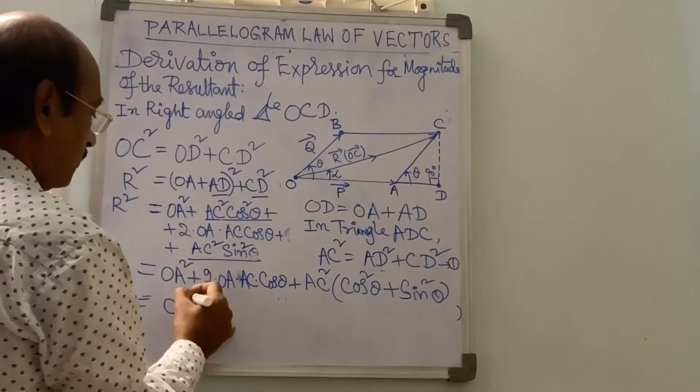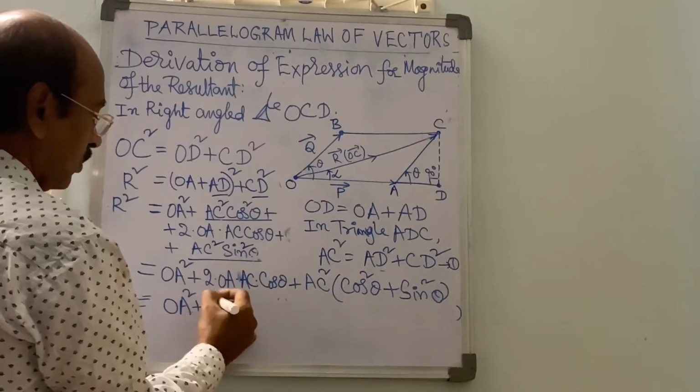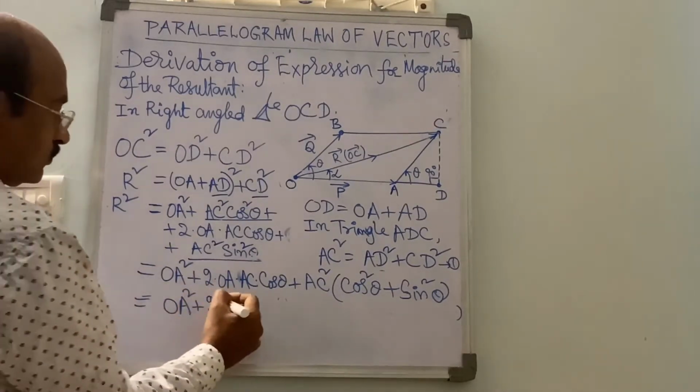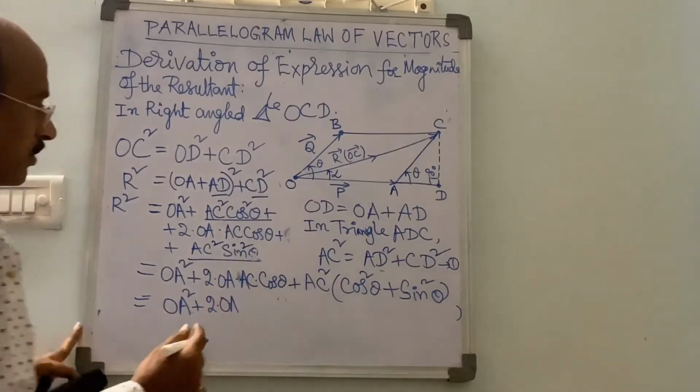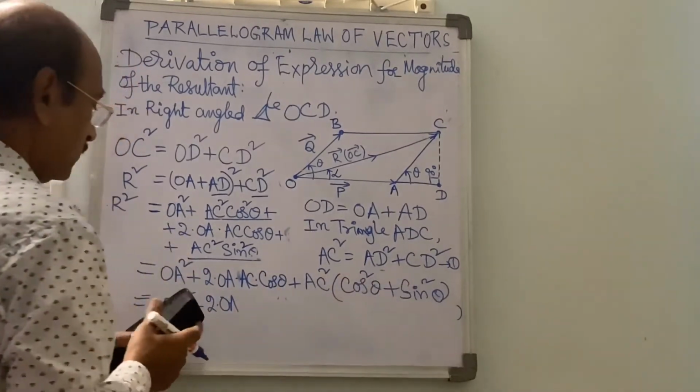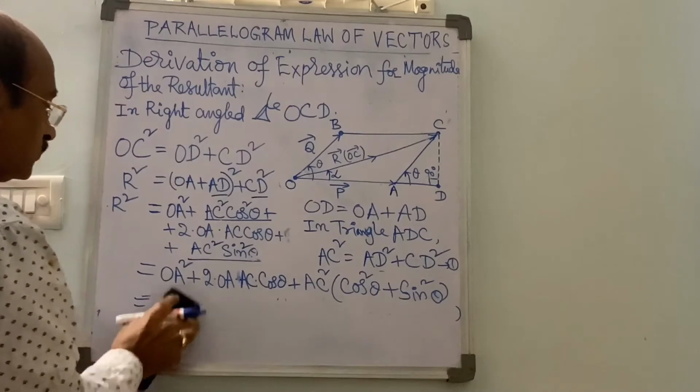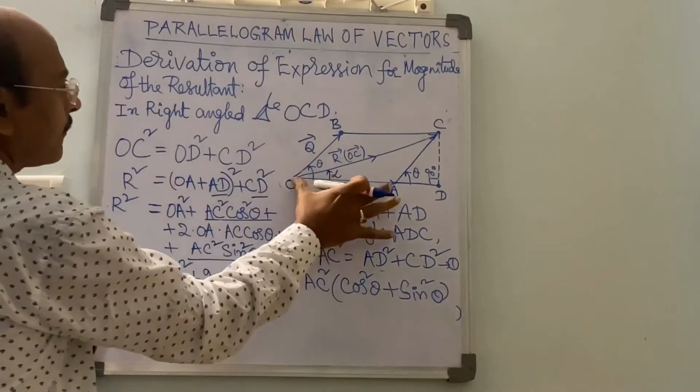Or OA square plus 2 into OA into AC cos theta plus AC square into, that is 1.